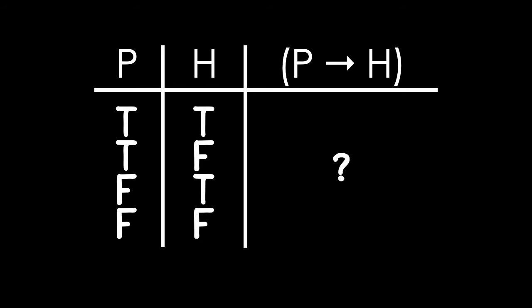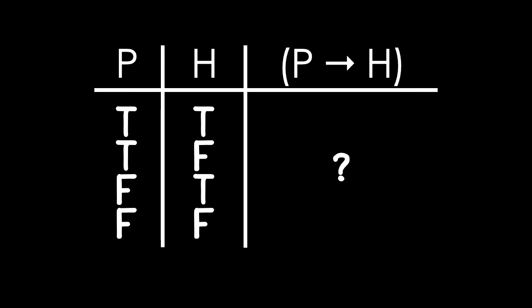Just like with the other connectives, we want to fill out the truth table for the conditional, because all of the connectives in SL are going to be truth functional. That is, the truth of the compound sentence using that connective only depends on the truth of the two parts. However, there's something kind of problematic here. The English sentence if P then H doesn't really depend on the truth value of P at all.